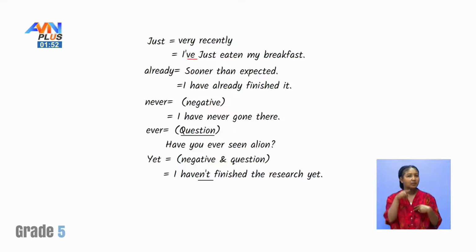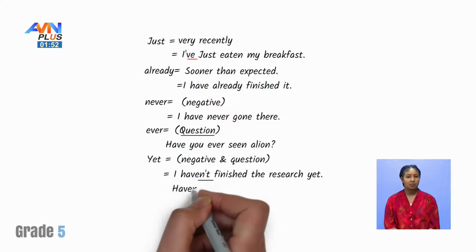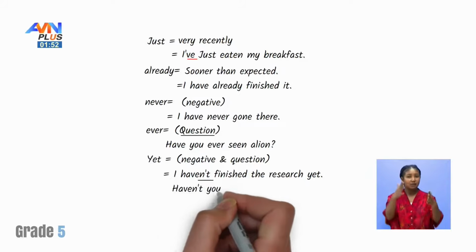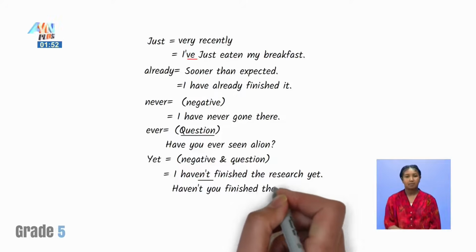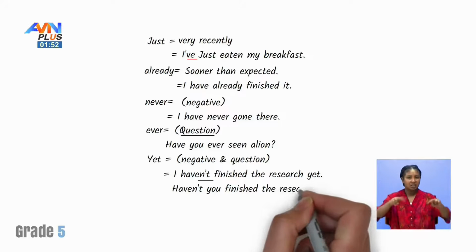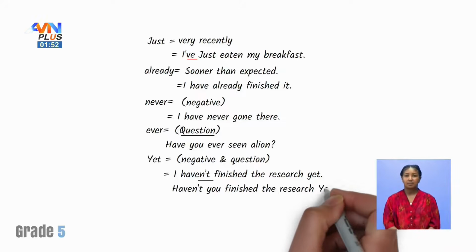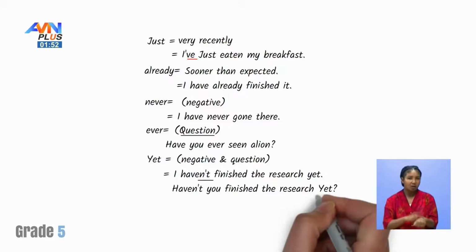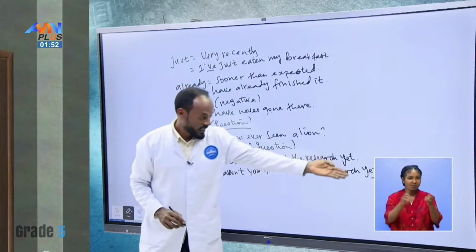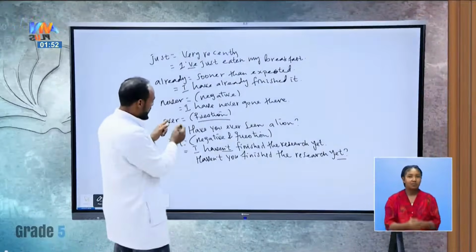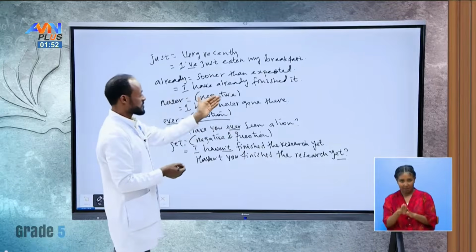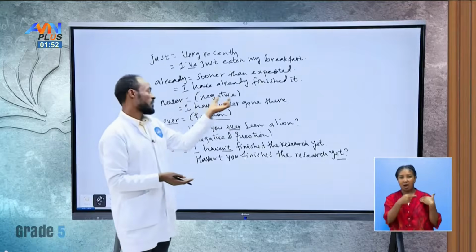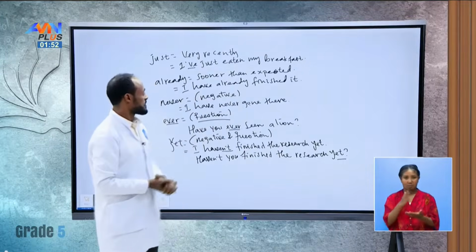Haven't you finished the research yet? We can say here. Most of the time, yet goes at the end of the sentence, where ever goes between the subject and the verb 3. And this one, also, goes between the subject, have or has, and verb 3. It can go just like this.